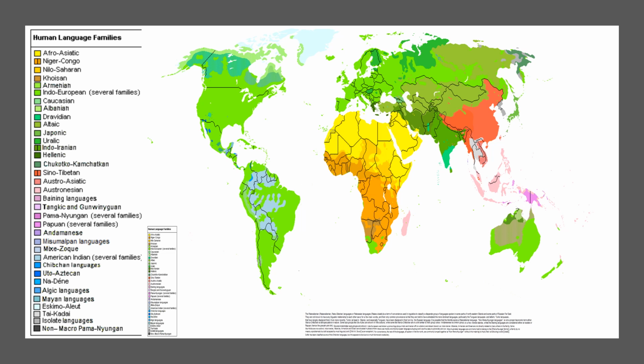And it should not be a separate kind of group right there. And so we can see Indo-European in South Asia, in Europe and Siberia, in the Americas, in Australia, in South Africa, right? So it's almost all over the world. And a lot of that is the legacy of colonization.